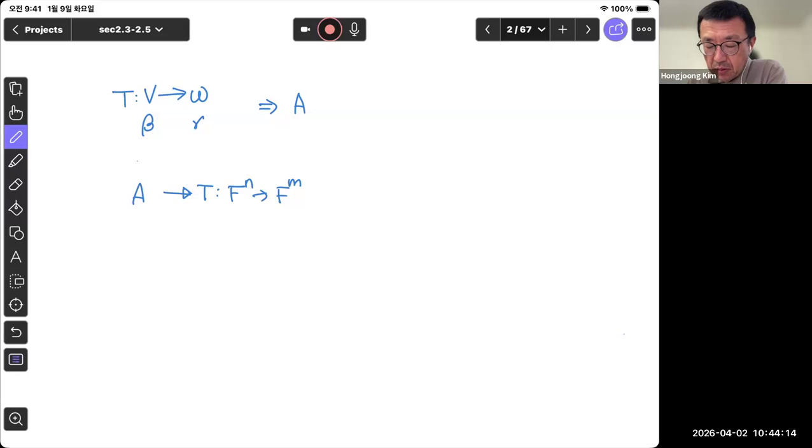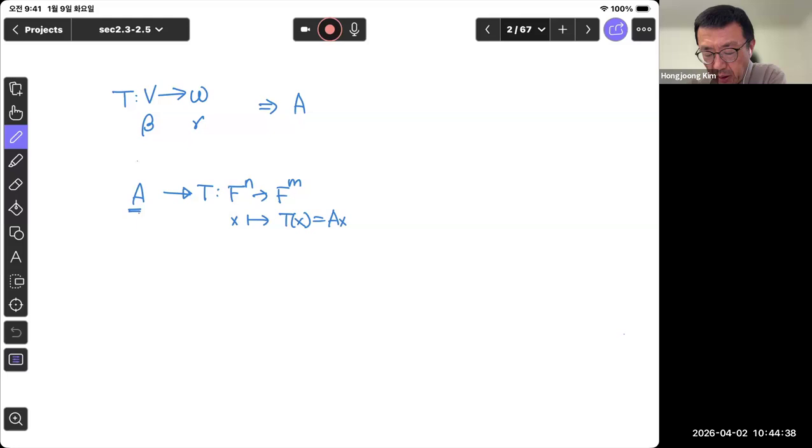Yes. How? If I give you a matrix A, then when I have any vector x in Fn space, I can define T of x by A times x, then this will be a linear transformation from Fn to Fm space, right?